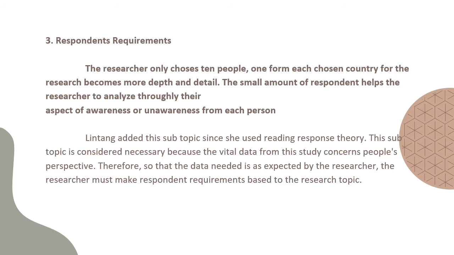Lintang added this subtopic since she used reading response theory. The subtopic is considered necessary because the vital data from this study concerns people's perspectives. Therefore, so that the data needed is as expected, the researcher must make respondent requirements based on the research topic.